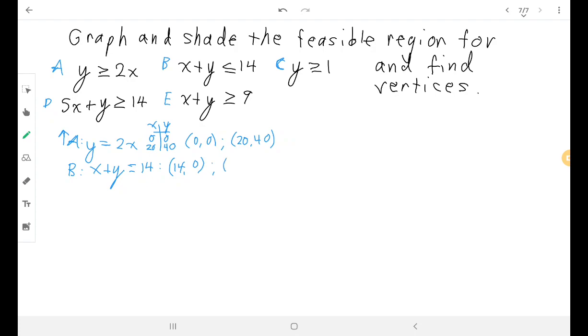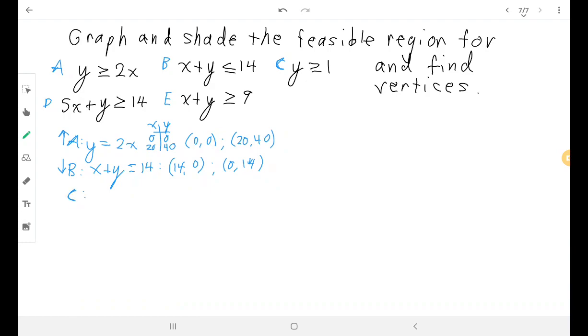And if x was 0, that is the y-intercept. The y value when x is 0 would be 14. I've worked that out a couple of times already, so I'll let you work it out if you need to. If you solve B for y, you'll see that it still will shade down. So let's put a down arrow there.